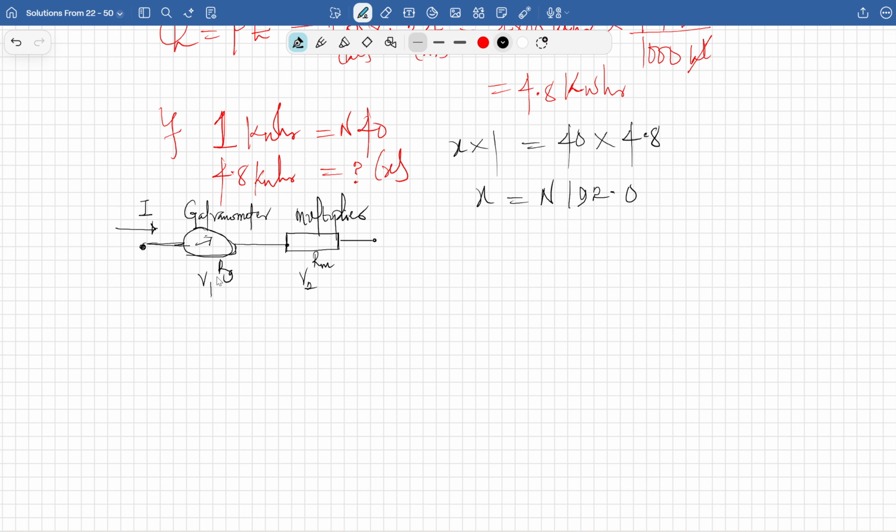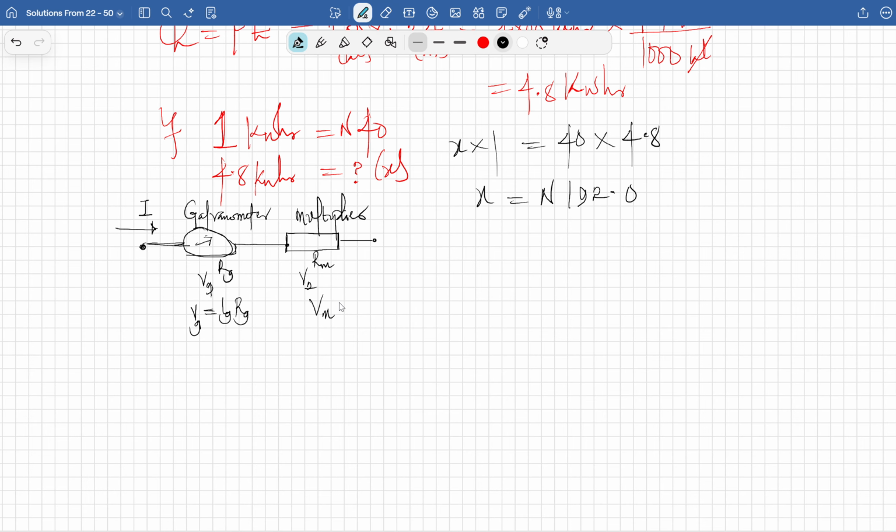So we know that for this galvanometer, using Ohm's law, V, or let me say VG, since it is the galvanometer, not to cause confusion here. So VG is equal to IG multiplied by RG, right?